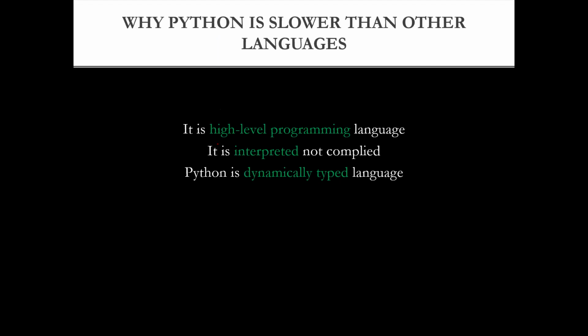When I say that it is a high-level programming language, first let me tell you this way. Basically, languages are categorized into two types: high-level and low-level. All the programming languages are categorized into these two types. Python comes under the high-level languages.